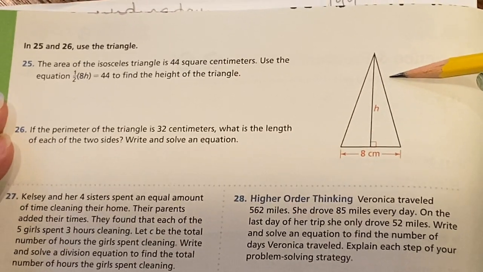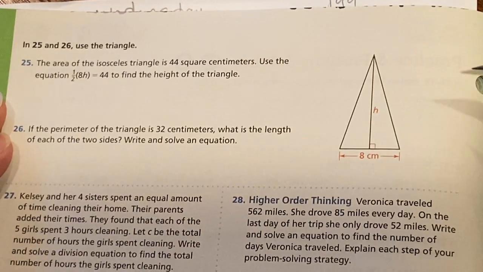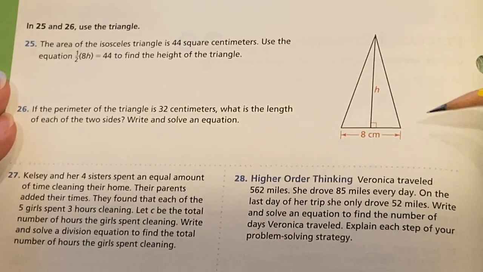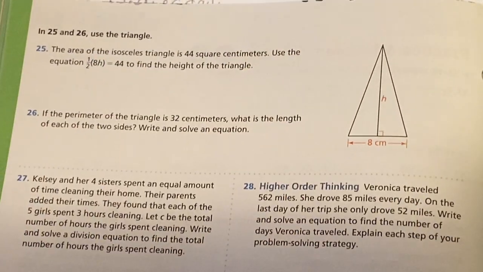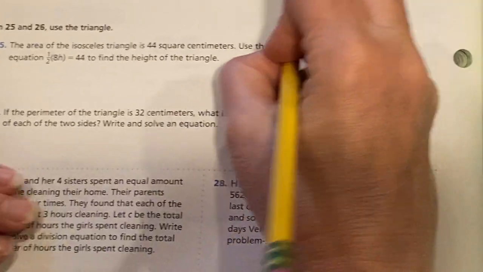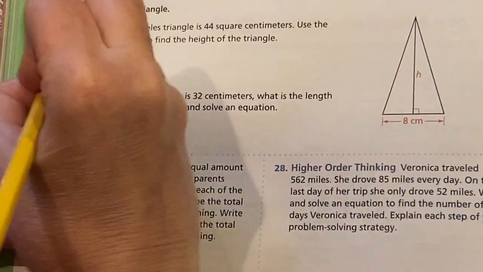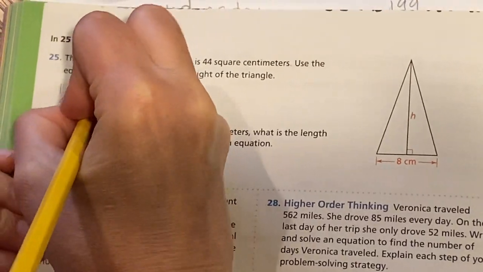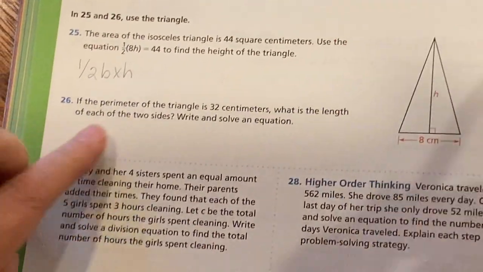So here's the triangle. And we know that the area of the triangle is 44 centimeters. And we also hopefully remember the formula for finding the area of a triangle is 1/2 base times height.